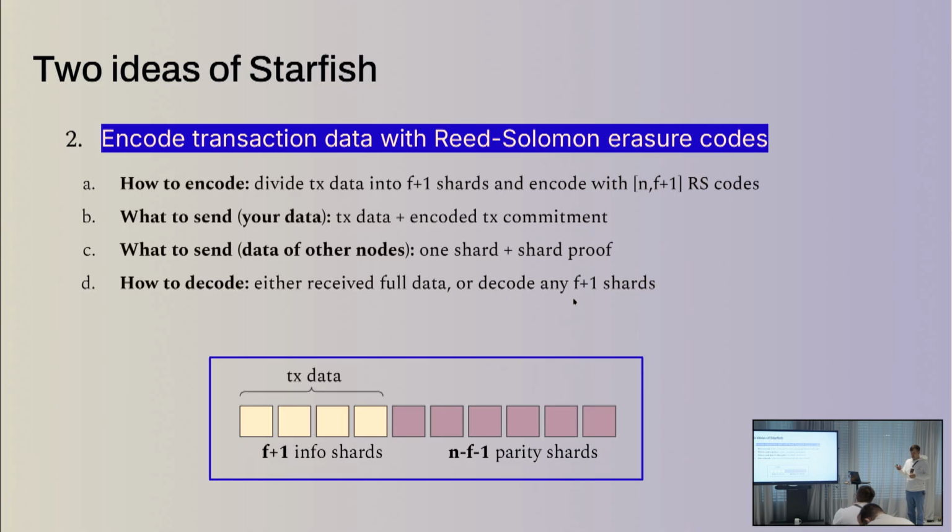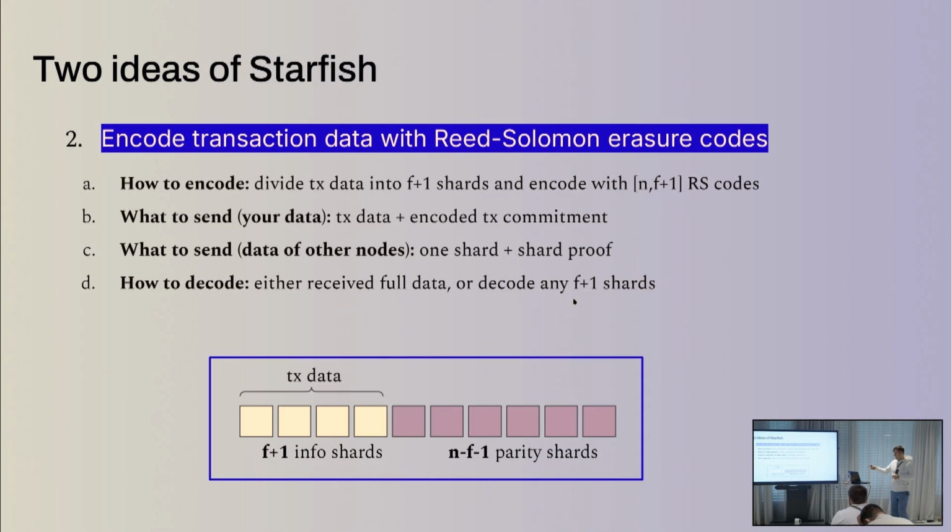The way we do it is as follows. Basically we have some transaction data. Then we split it into chunks, say of equal size, and we encode it using some erasure codes. So we extend the transaction data such that we have more chunks.